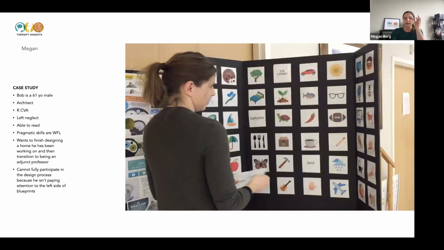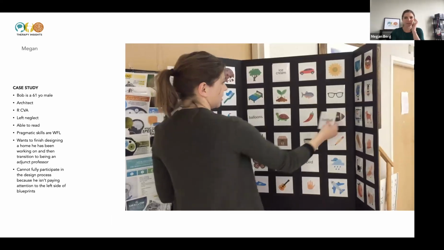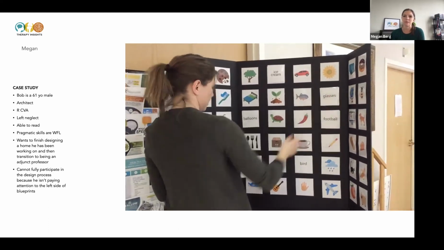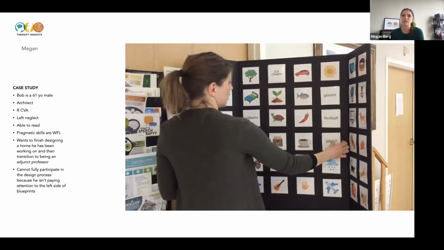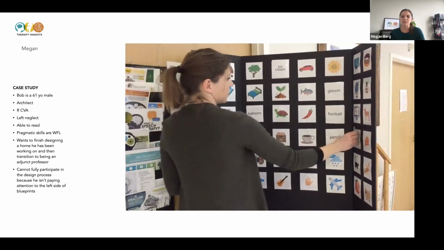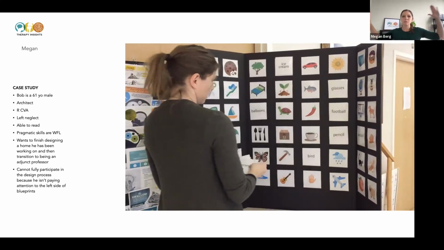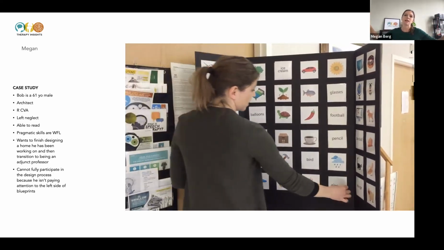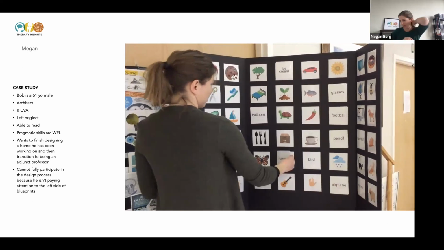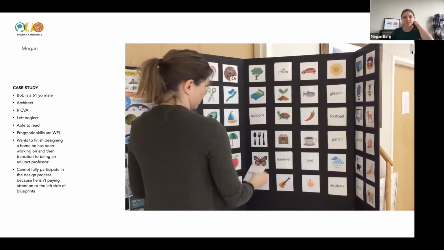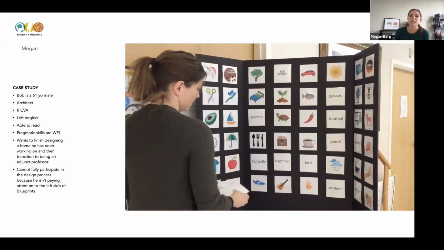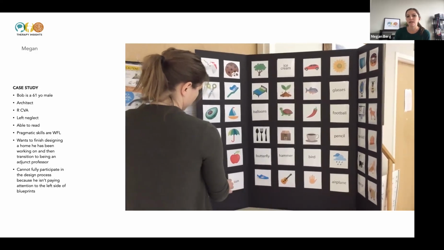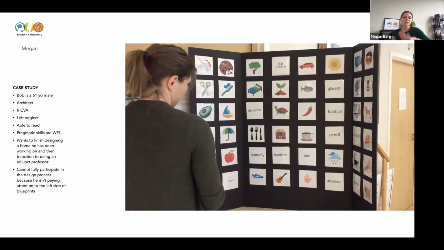Yeah, and I pulled this resource from the library. This is a visual scanning task, which we've talked about before on this show, where you're matching words to pictures, and if you put it on a trifold board, then you can really work on attending to that left side while moving around in space. But the other thing I would want to do in this case is ask Bob to bring in some old blueprints of projects that he's worked on and lay those out.